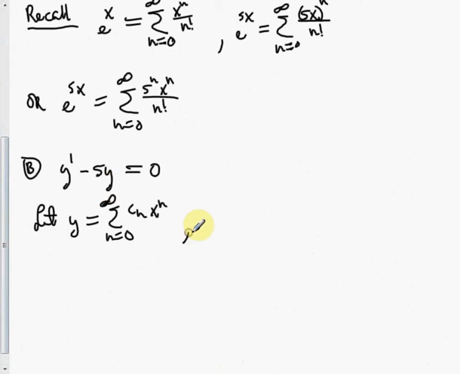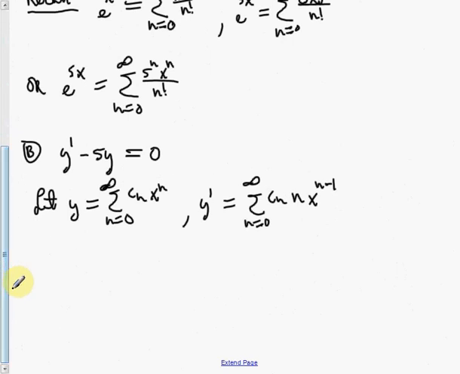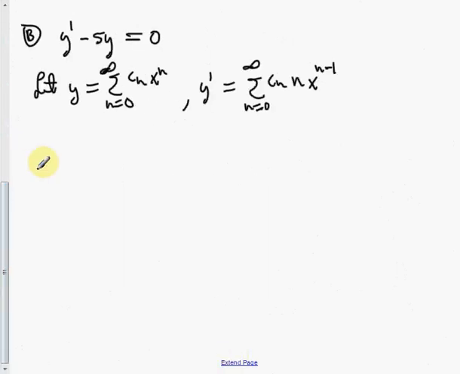So if this is the case, if I take the derivative, y prime is the summation as n goes from 0 to infinity of c sub n, here the derivative is applied to x, so this is n times x to the n minus 1. So I take the problem, y prime minus 5y.